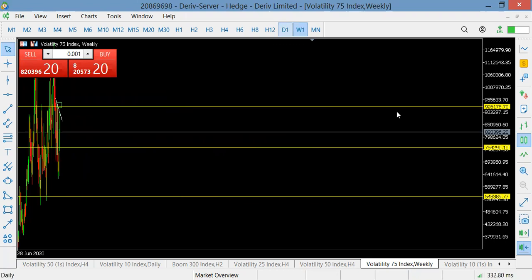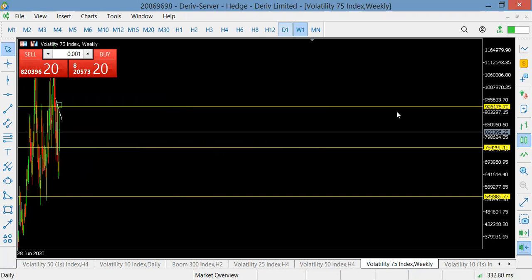Right now, from this zone, looking at the VIX 75 Index, sell into the zone. So any move you're looking at taking on the VIX 75 Index, your overall bias should be a bearish one. And if you look at the chart closely, you get to see that this structure has been taken out, and also this structure has been taken out.